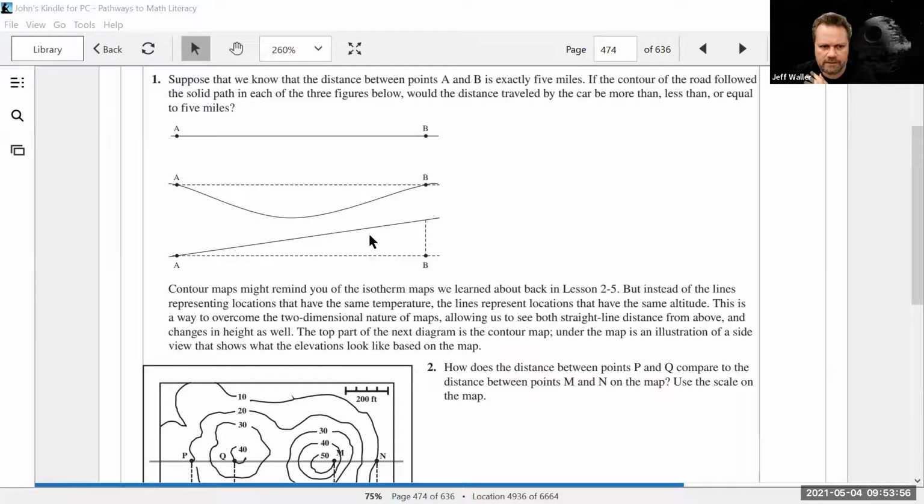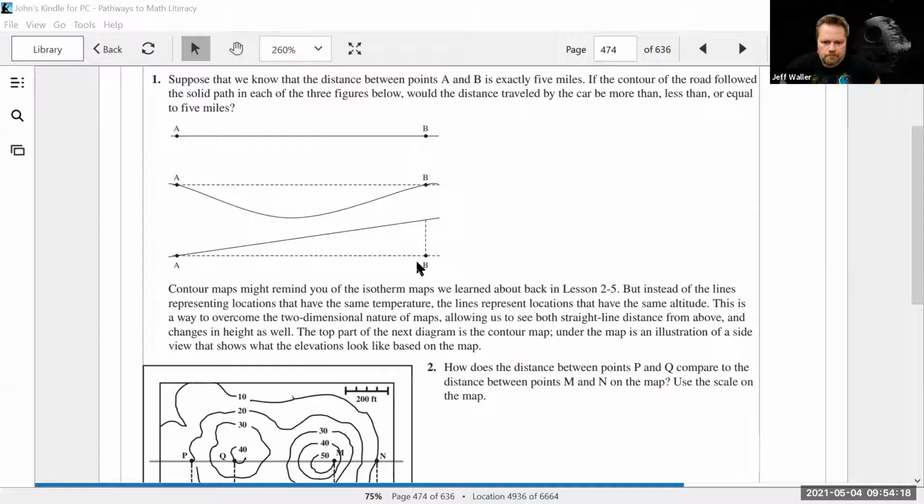Is it easy to tell the difference between these two? I don't think so, but I think the middle one is definitely longer. Yeah, I would agree with you. I think this one's longer just because it seems to get further away. Do you see that? It gets further away from straight. This one doesn't get as far away from straight. But it's hard to tell.